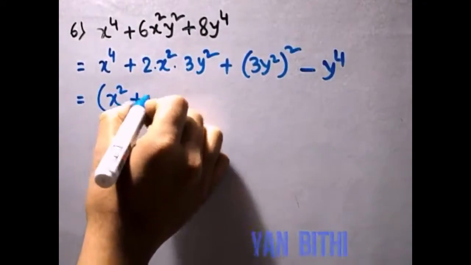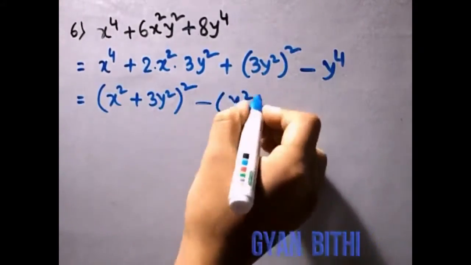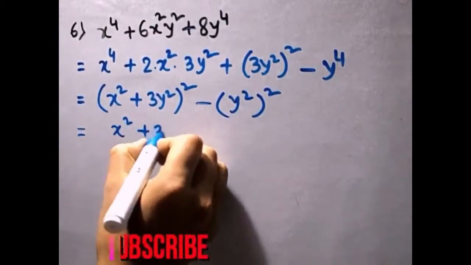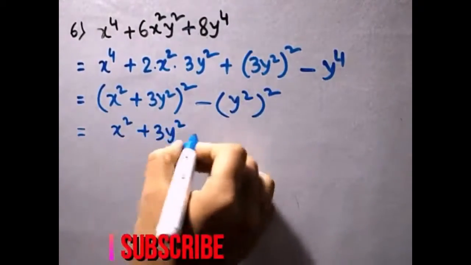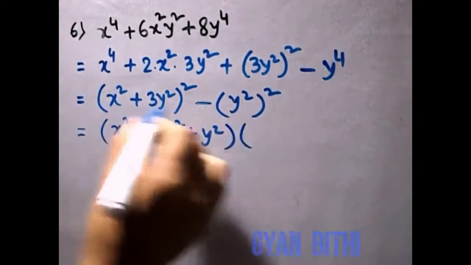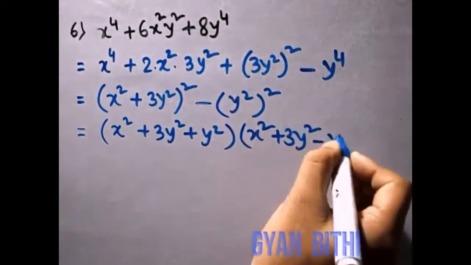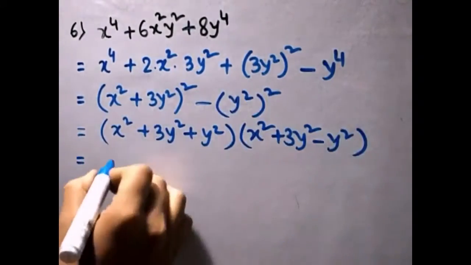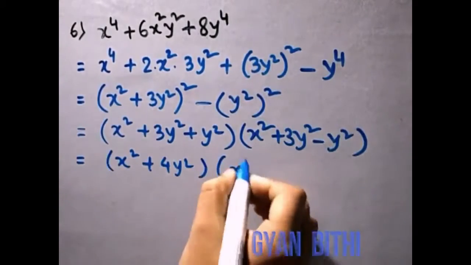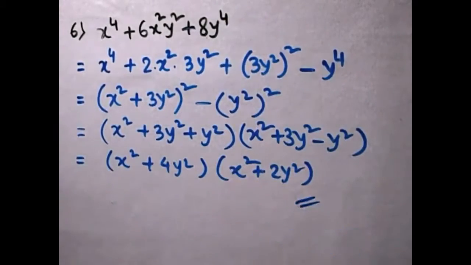So x square plus 3y square whole square minus y square whole square, this comes to square form. So a plus b into a minus b equal to x square plus 4y square into x square plus 2y square. This is the factorization.